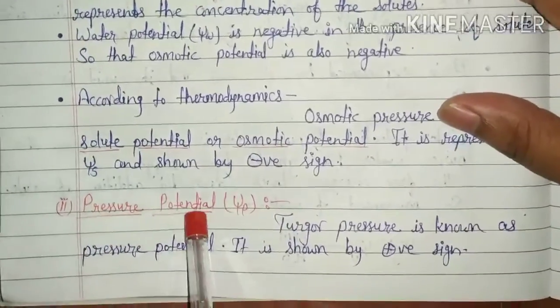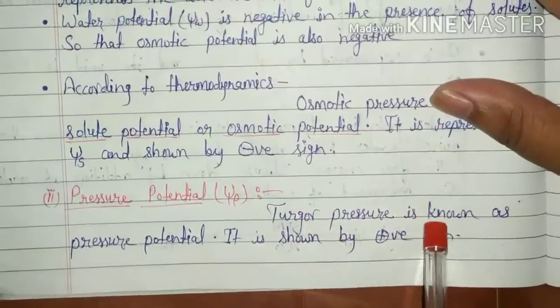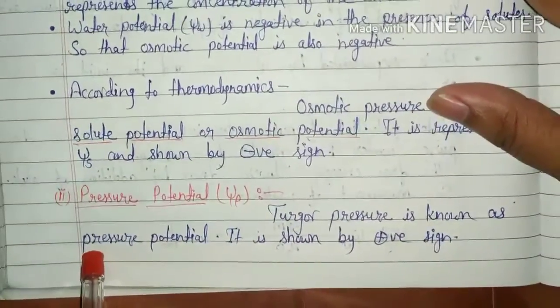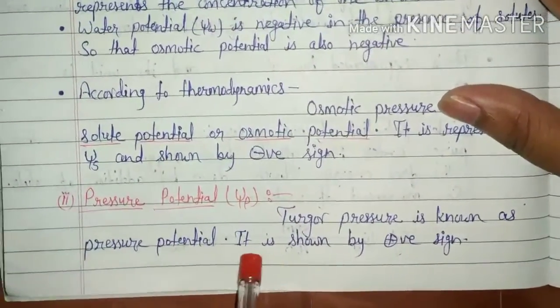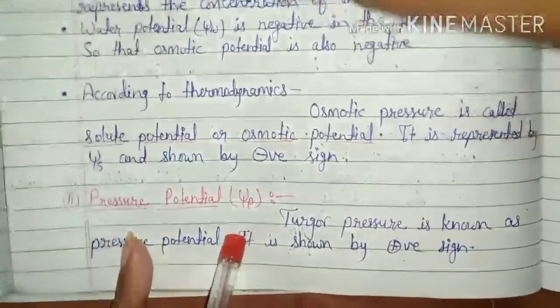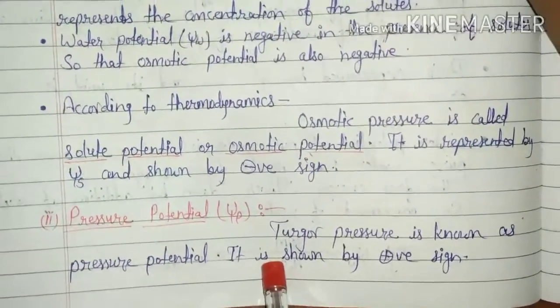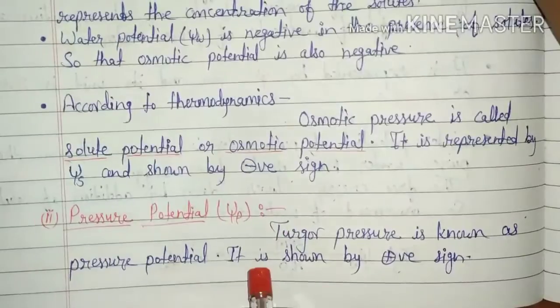Second, pressure potential psi P. Turgor pressure is known as pressure potential, which is developed in the endosmosis process when osmotic pressure is high.